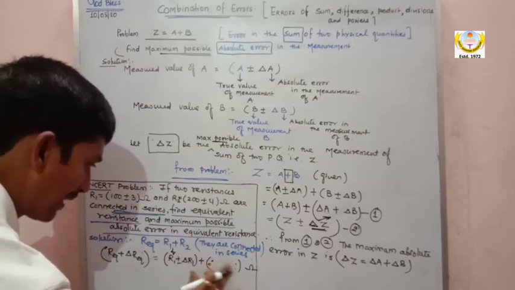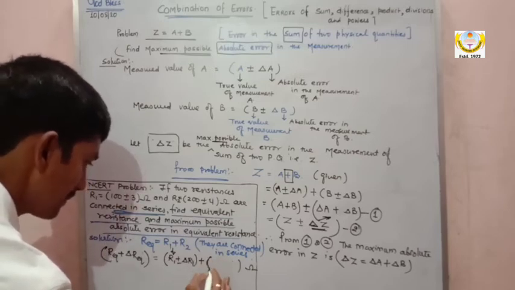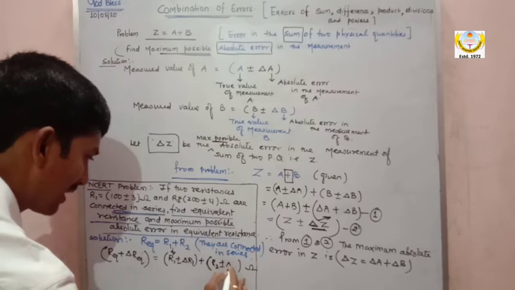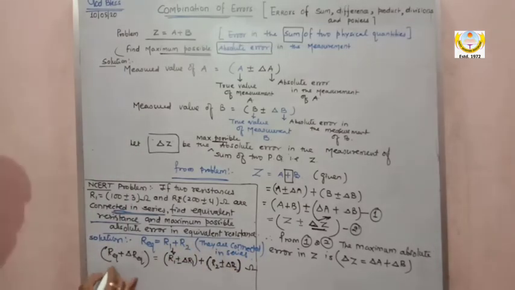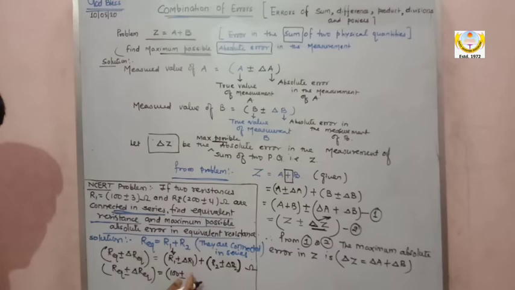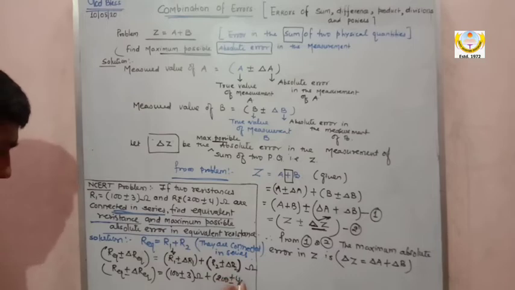Similarly, this can be written as R2 plus minus delta R2. Now R equivalent plus minus delta R equivalent is equal to, substituting the values, 100 plus minus 3 ohms plus 200 plus minus 4 ohm.